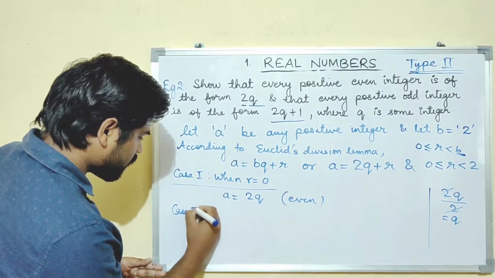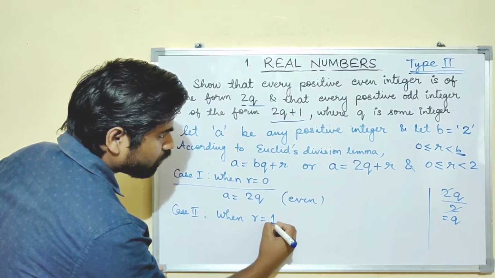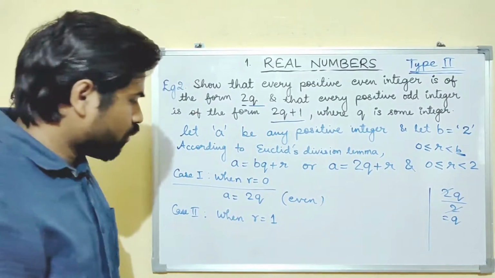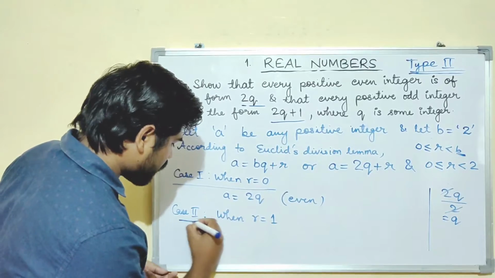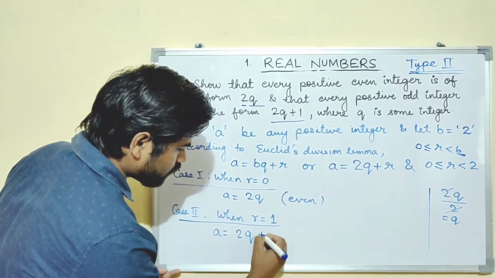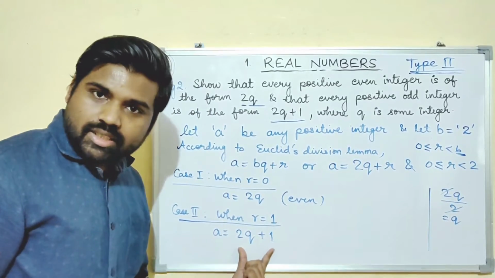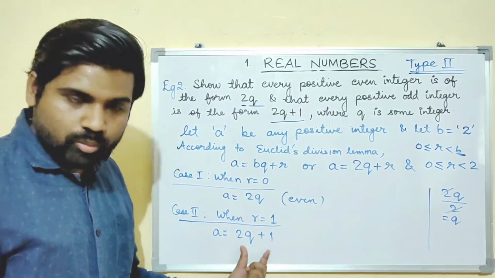Case second is when r equals 1. Okay, when r equals 1, put it here. You will get a equals 2q plus 1. Is this particular number divisible by 2? Can you tell me? No. Why?